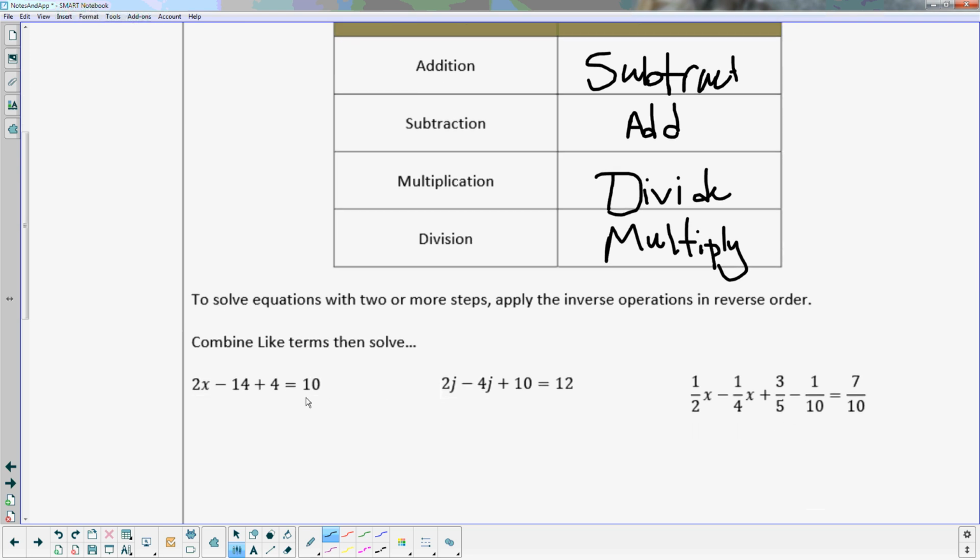So the biggest thing I can say is that there's a couple of different aspects to how to do this, and a couple of different things you might be faced with. But the main idea is that you want to get your equation to look like some number times a variable, I'll use x for lack of creativity, plus or minus some other number, equals some number.